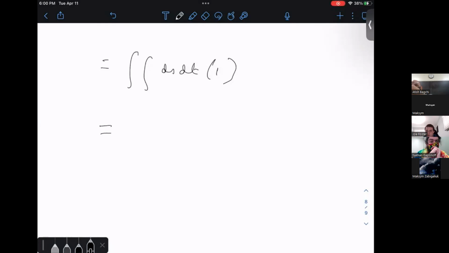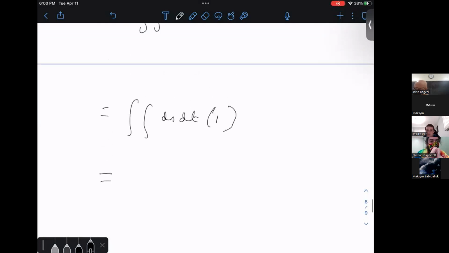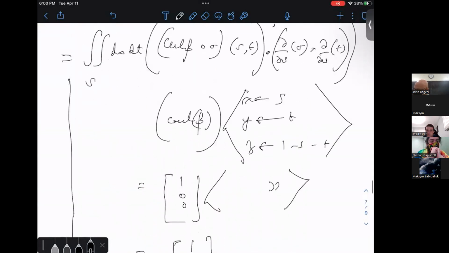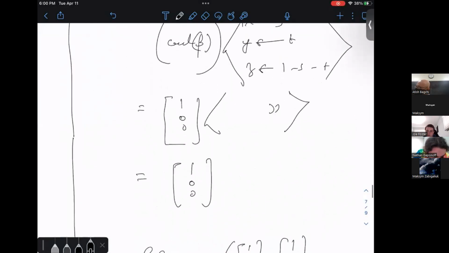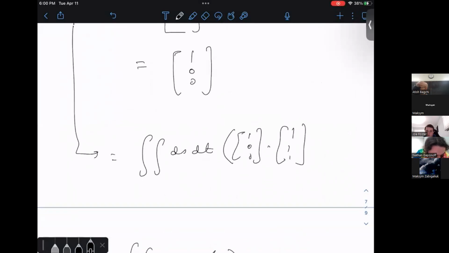Because the dot product is turning out to be... Go back up to where it starts. Del s of sigma cross del t of sigma. Maybe that's where it's wrong. No, that's not where it is wrong, because the area turned out to be completely correct.